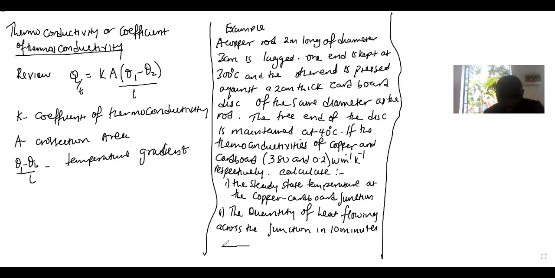Now, first of all, I can assume this is the copper rod, and I can assume this is the added on what? Cardboard, having the same diameter as the copper rod. But this is copper. This is our cardboard.